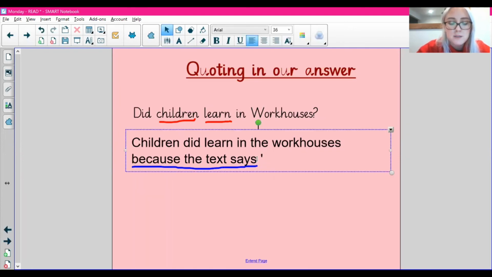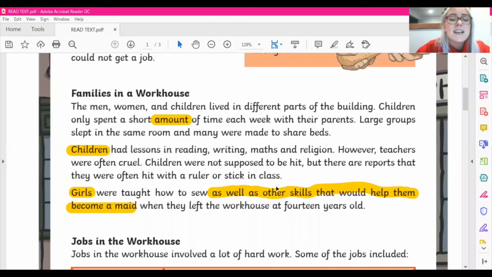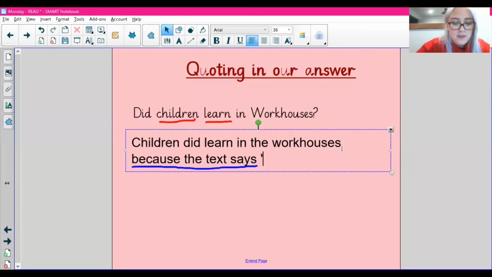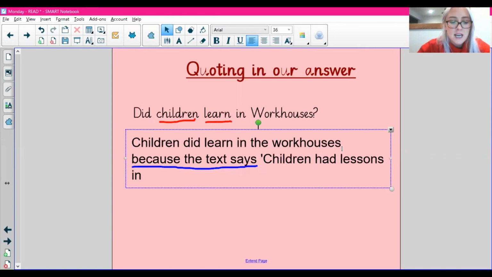So open quotation mark, and I'm going to write exactly what it says in the text. It says children had lessons in reading, writing, maths, and religion. That's what I'm going to write. Children had lessons in reading, writing, maths, and religion.